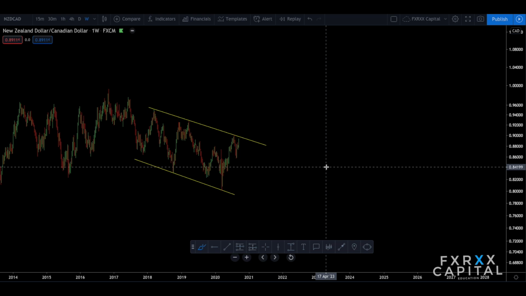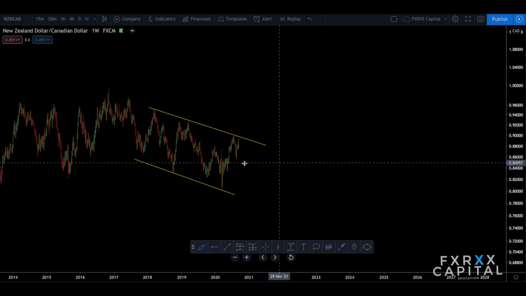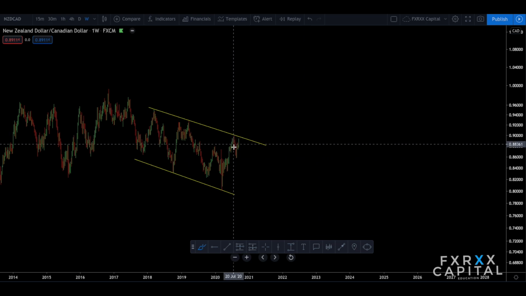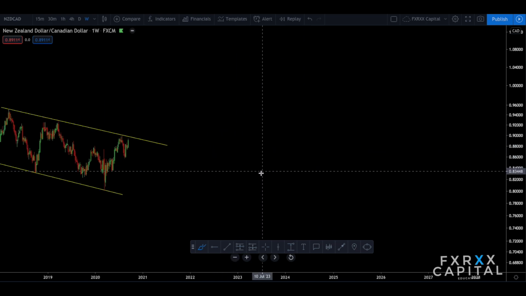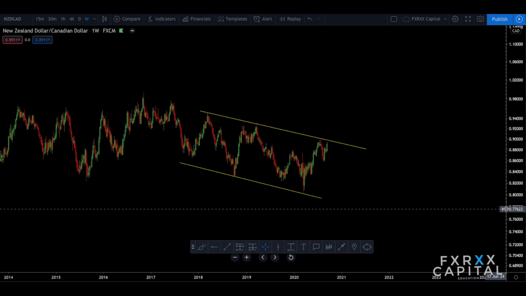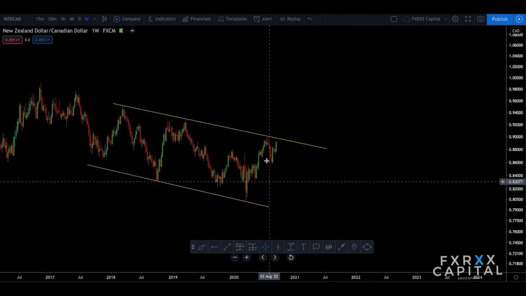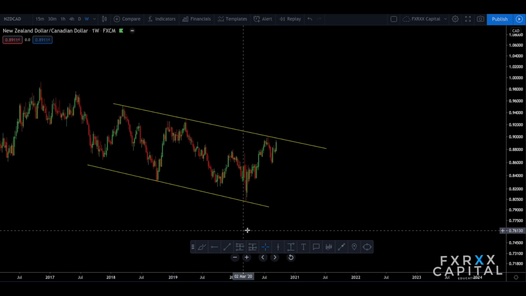If you are familiar with New Zealand dollar Canadian dollar, we did trade in this area, moving to the upside. However, price trickled up again, giving us another opportunity if we want to enter this position again.